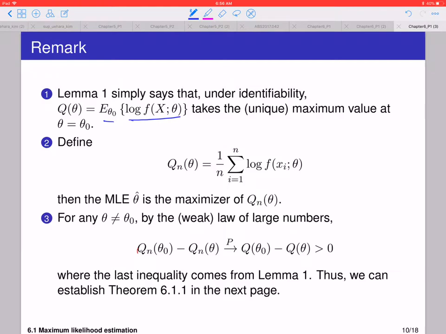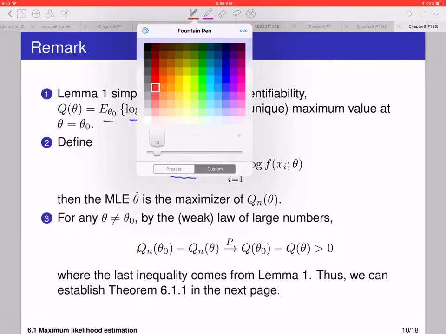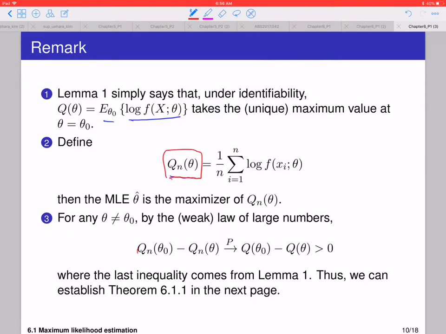Now if you consider this Q function, Qn zeta is essentially 1 over n times log, so this is the log likelihood function, right? The 1 over n is just to make it like a sample mean.